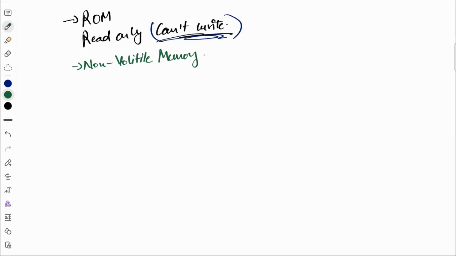ROM stores such instructions that are required to start a computer, like BIOS.